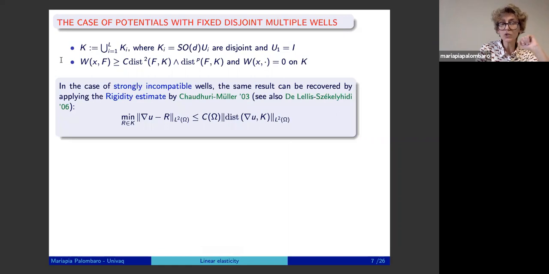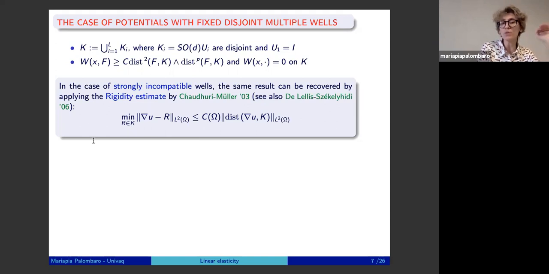If one assumes that the wells are strongly incompatible, which means that one cannot have gradients close to several wells at the same time, in sets of positive measure, then the rigidity estimate by Chaudhuri-Müller says that the L2 norm of the distance of the gradient from the union of the wells is bounded from below by the distance from a single matrix, which is a matrix belonging to one of these wells, okay?